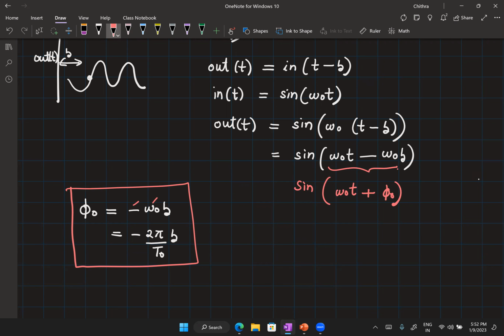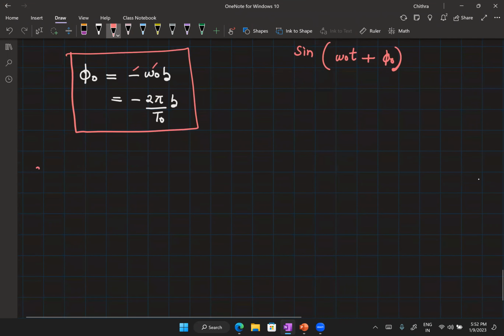Given a single sine wave, we know now how to calculate a phase. What if the signal was a collection of sine waves, such as a square wave? Okay, so let's say our signal that we are now going to deal with is a square wave.